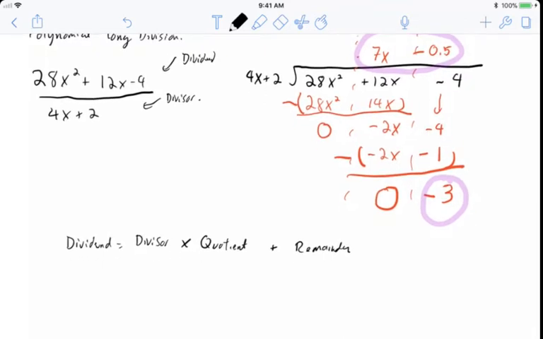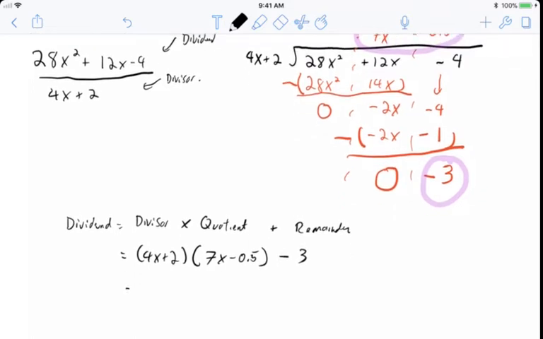So let's test it. The divisor is 4x plus 2. The quotient is 7x minus 0.5. And the remainder is minus 3. Let's expand this out. So it's 4x times (7x minus 0.5) plus 2 times (7x minus 0.5) minus 3.